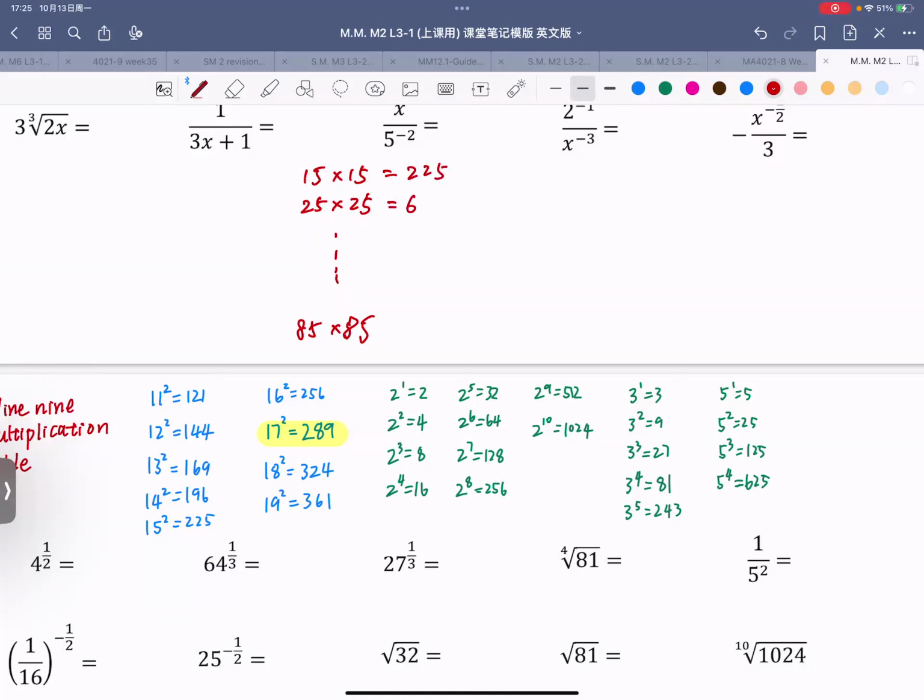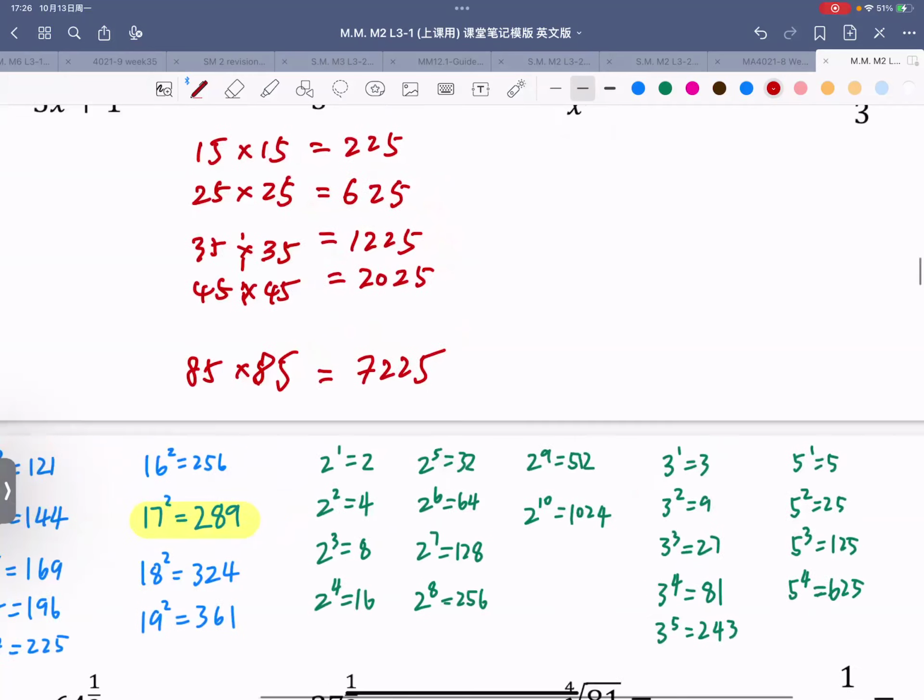This one is equal to 625. The next one is equal to 1225, that's 35 by 35. This one is 45 by 45, sorry, which is 2025. This one is 7225.